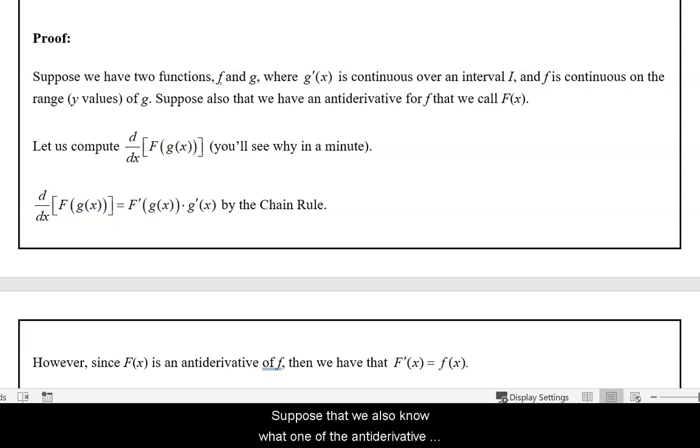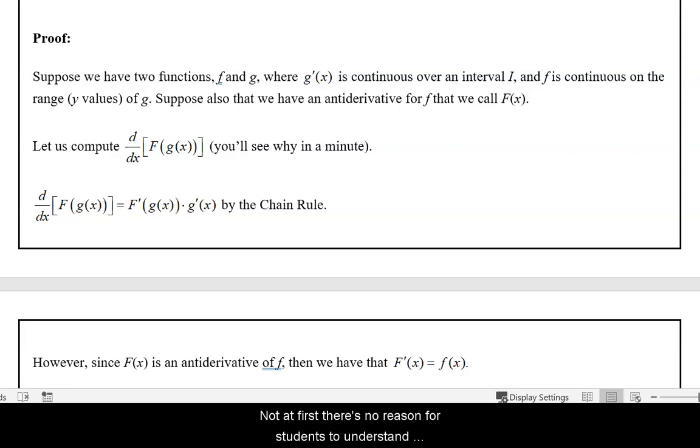Suppose that we also know what one of the antiderivative functions for lowercase letter f is, and that we call this uppercase letter F. Now we're going to compute the derivative of the antiderivative with g on the inside. In other words, the composition of the antiderivative with the function g inside of it.